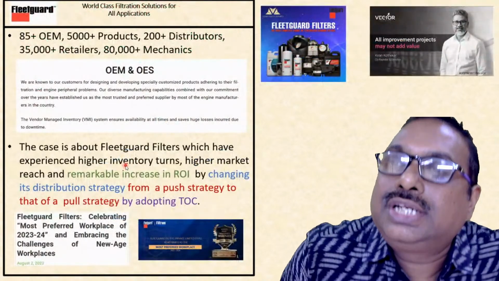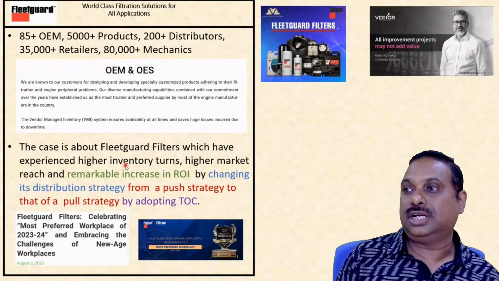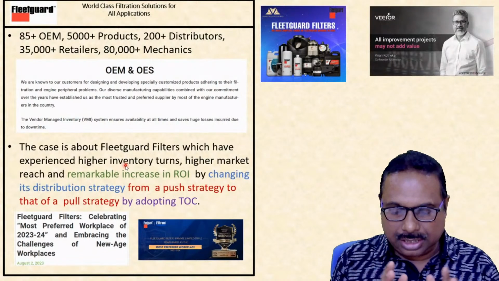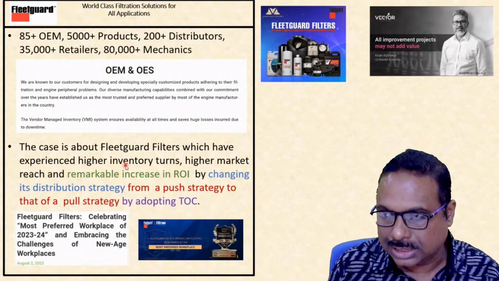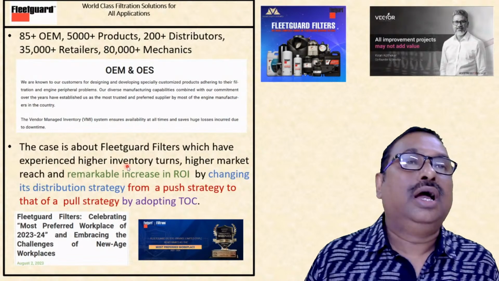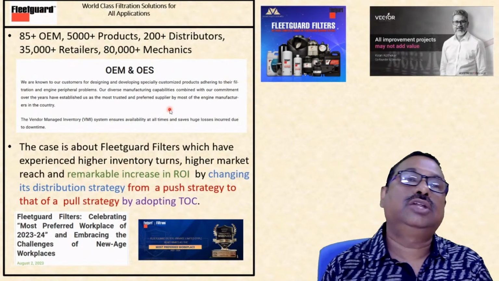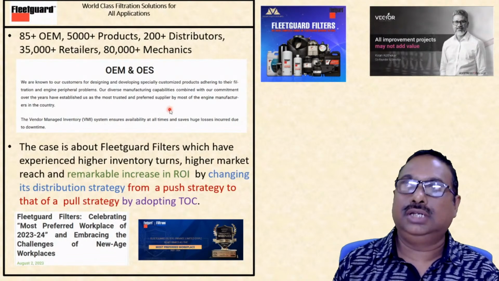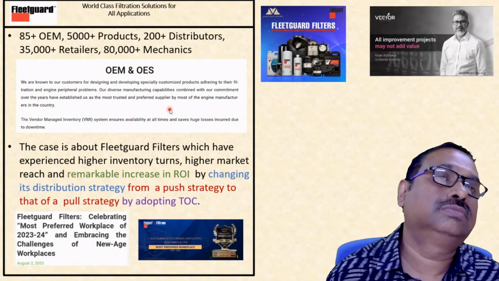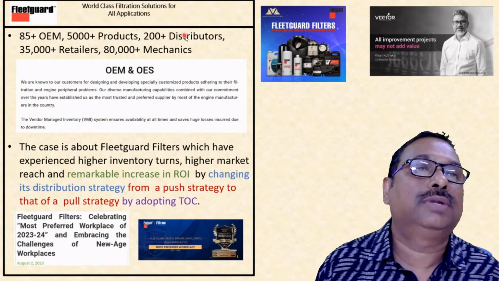Now we'll discuss a case study. This case study uses both the pull strategy and theory of constraints. Fleetguard is a filter manufacturing company. In India, it is a leading filter manufacturing company, offering world-class filtration solutions for all applications.